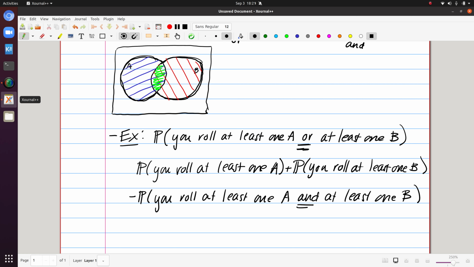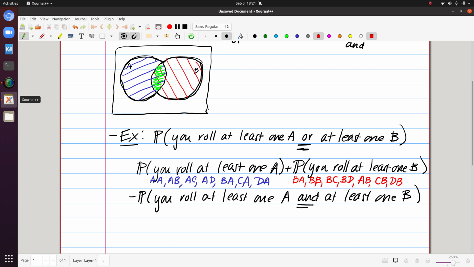Now, to think about this, let's actually consider what the outcomes would be. So for the probability that you roll at least one A, we saw actually in the last video that there were 7 of those outcomes. So it was AA, AB, AC, AD, BA, CA, and DA. I have a kind of a symmetric result for B. We could have BA, BB, BC, BD, AB, CB, and DB.